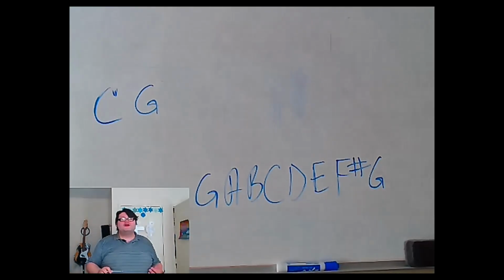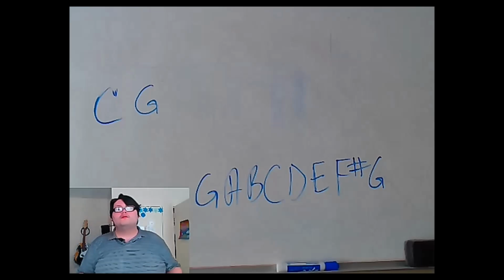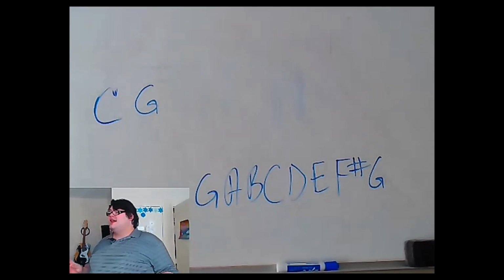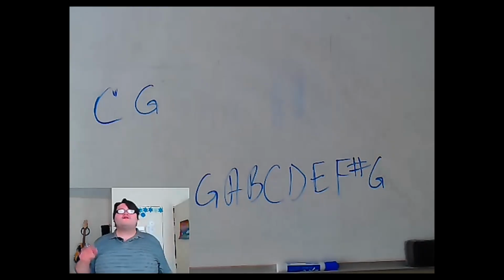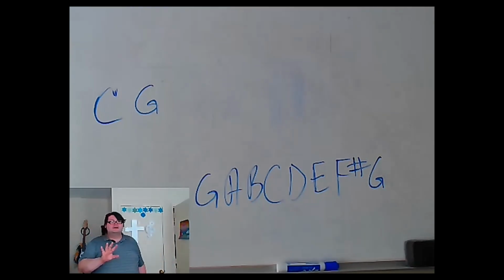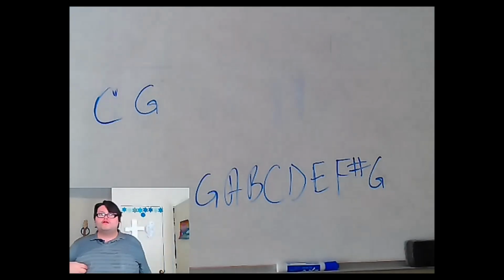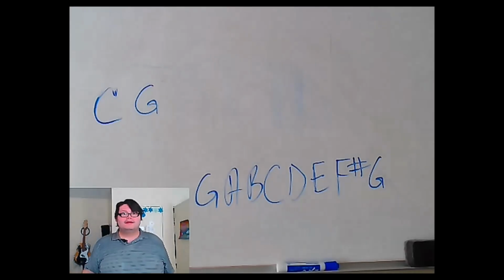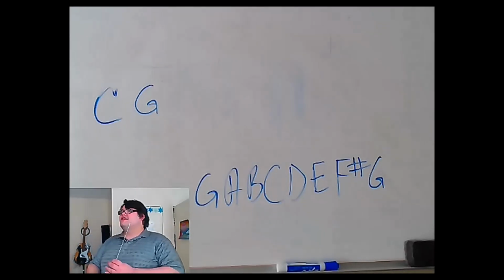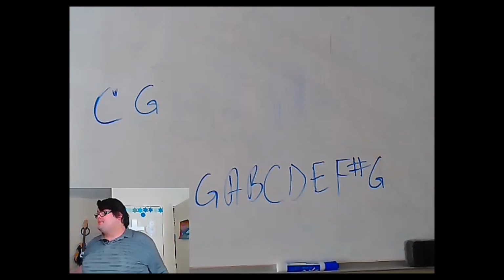So, how do we figure out what note is the next one? We're going to count up to 5. Remember, we're always counting to the 5th note. And that 5th note is going to tell us what note is going to be added to this list of the sharps.